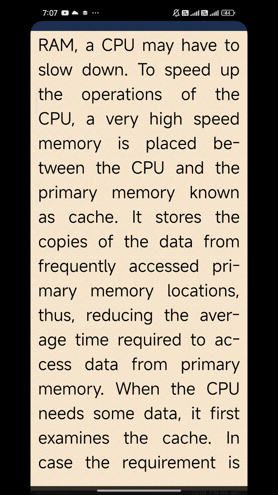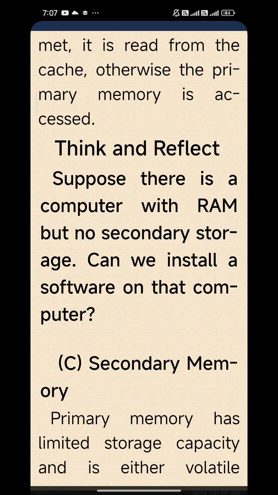When the CPU needs some data, it first examines the cache. In case the requirement is met, it is read from the cache. Otherwise, the primary memory is accessed.